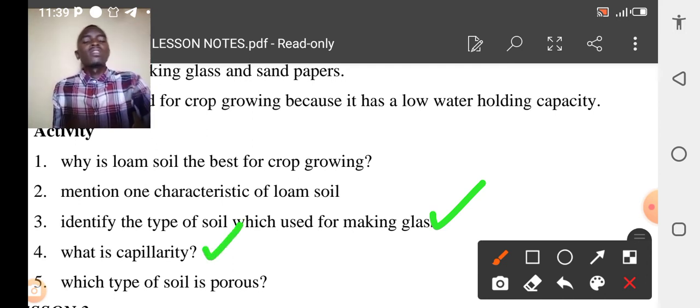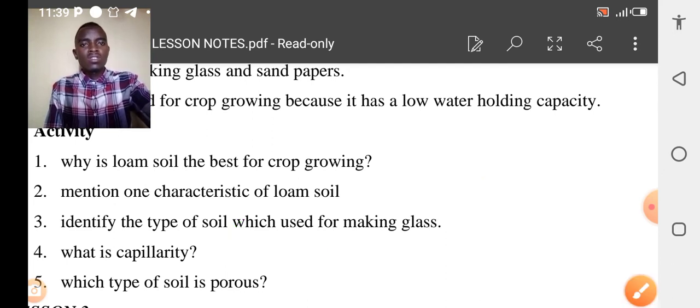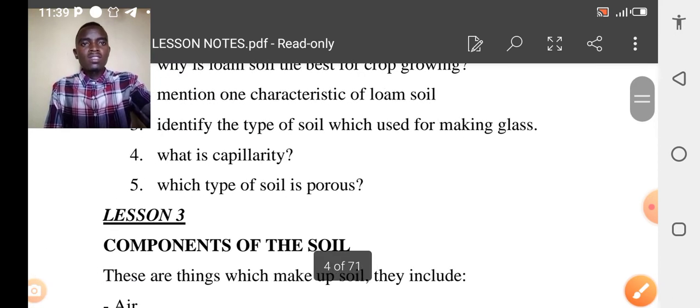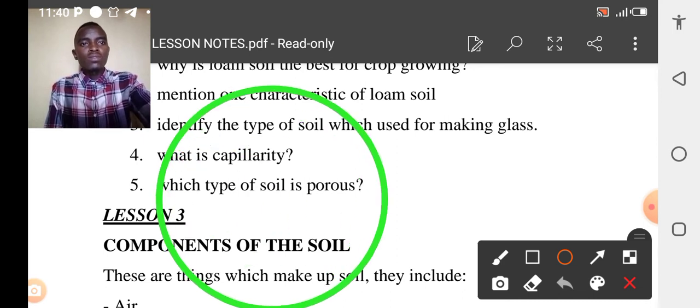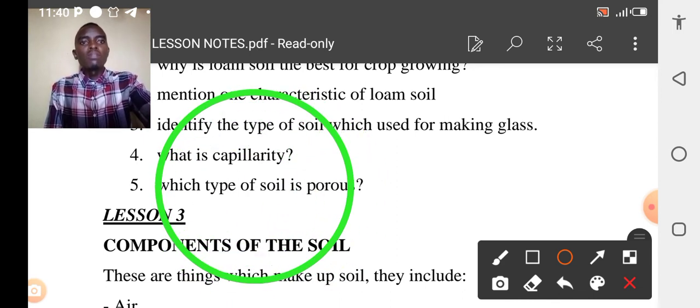You can ask yourself what capillarity is, and which type of soil is porous. I know that you can answer this question. And question number 6, the last one, is about the types of soil: which type of soil is porous?